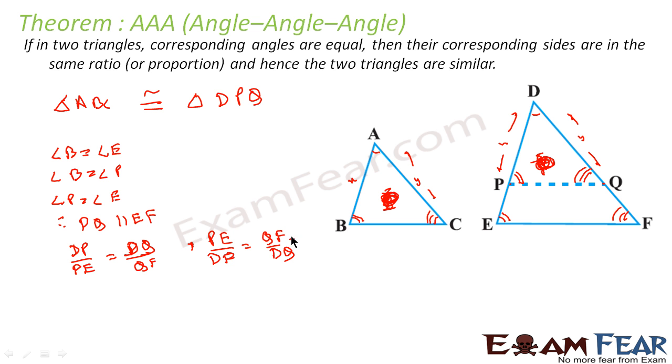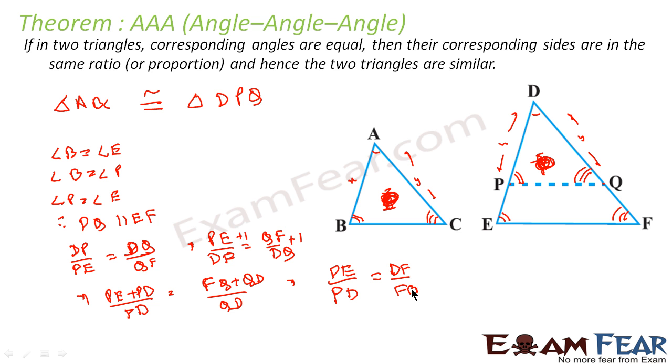I'll add one both sides. I'll tell you why I'm doing it. So I get PE plus PD by PD is equal to FQ plus QD by QD, or PE plus PD is DE, so I can say DE by PD is equal to, this becomes DF, DF by DQ. Why am I doing this?